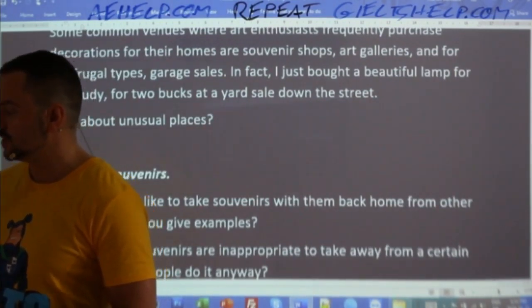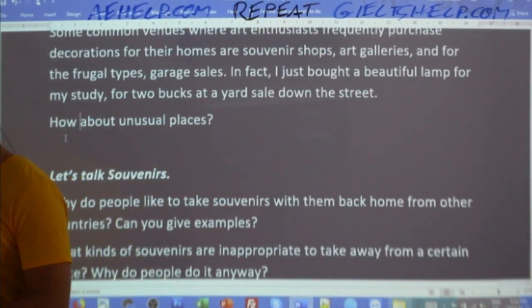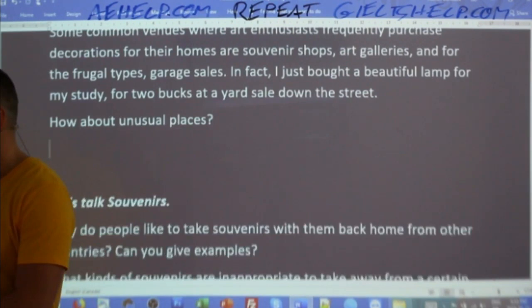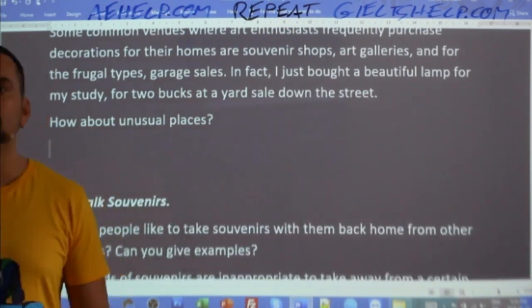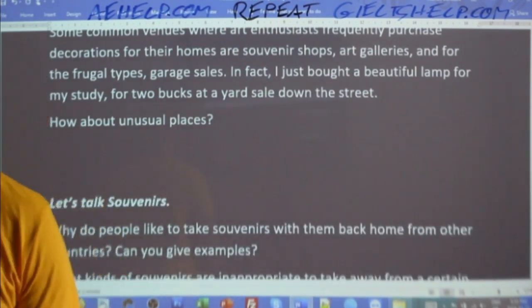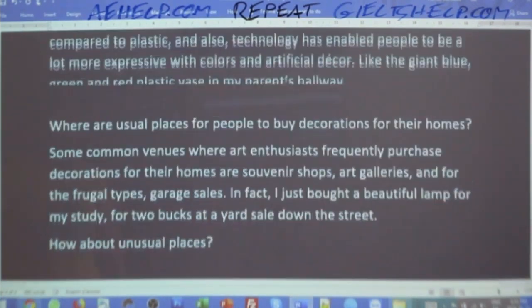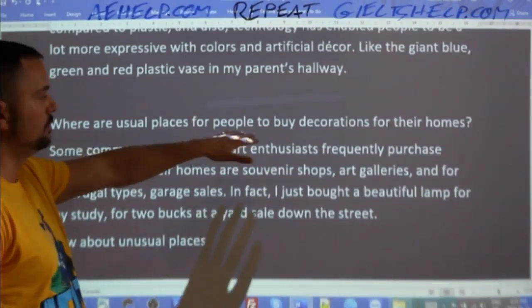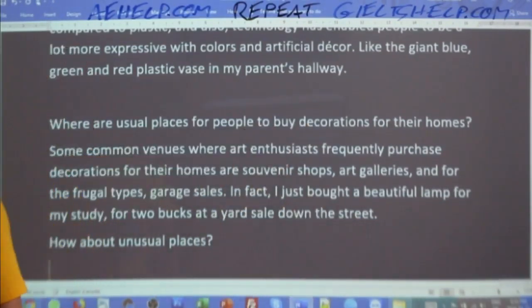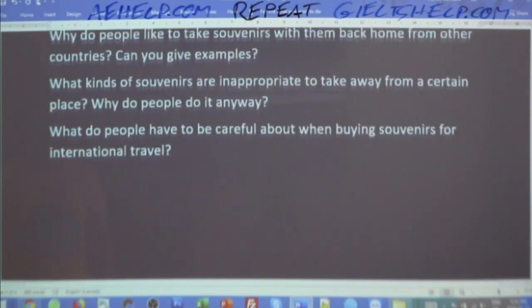Okay. So now, students, you can answer this question. Thank you for your patience, and hopefully you will remember that important piece of advice. Okay. So now answer this question. How about unusual places? Now, of course, the full question is, where are unusual places for people to buy decorations for their home?